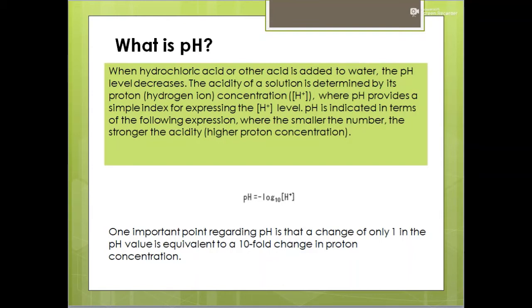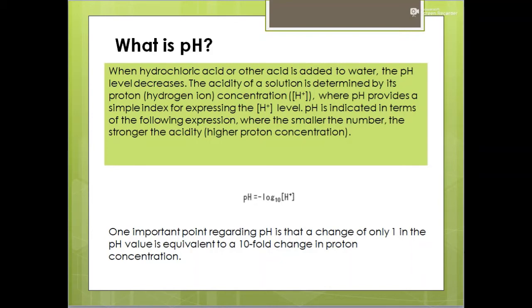One important point regarding pH is that a change of only 1 in the pH value is equivalent to a 10-fold change in the proton concentration. Now we have pH from 1 to 14. A pH of 1 means it is highly acidic, and the proton concentration is very high.